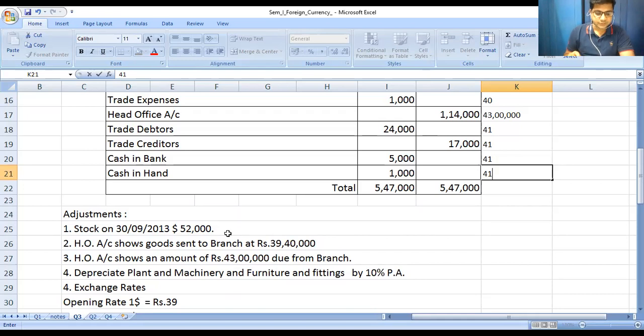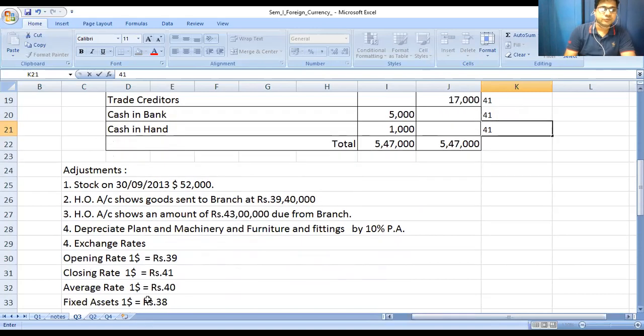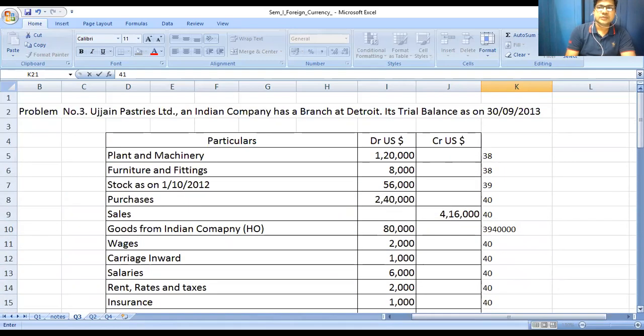Any idea? Closing rate, 41 rupees per dollar. The depreciation at 10% per annum we will calculate afterwards. Now we will understand which item we have to show where.